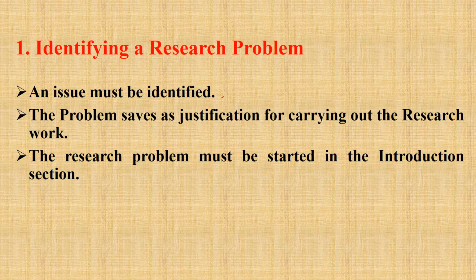You must identify a problem in order to carry out research. There must be an issue, a problem that you have identified. If we take the example from the introduction, the research question is how much is the cost of a piece of land in your locality?